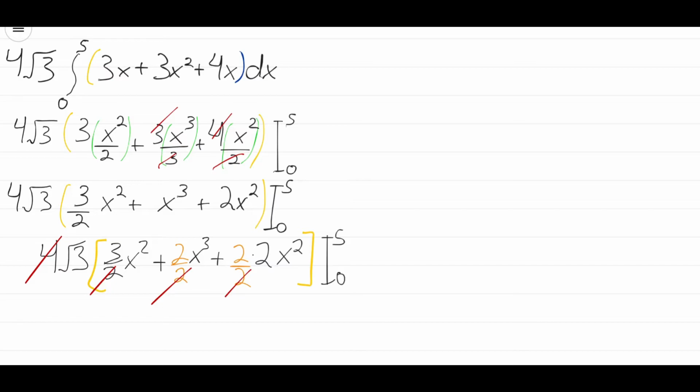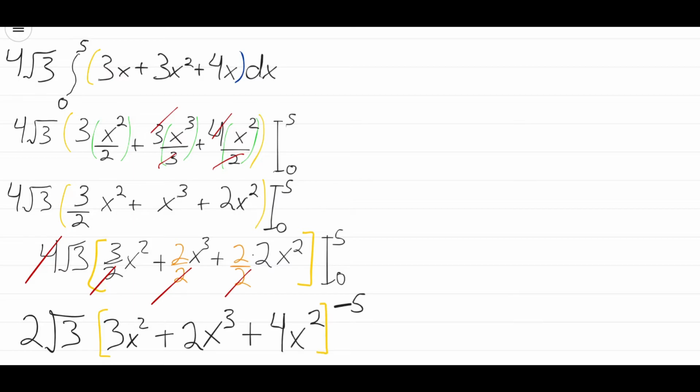And notice how we can cancel out the 2 on each denominator. We can factor it out and we can simplify 4 over 2. Thus we're left with 2 radical 3, and inside the brackets we're left with 3x squared plus 2x cubed plus 4x squared, bounded from 0 to 5.